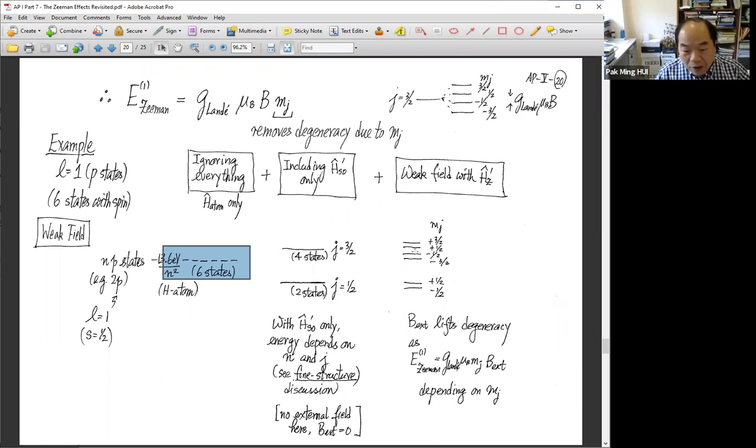But just to make the point, the 6 states now really have their degeneracy removed, and fall into 2 classes according to the J value, and the mJ degeneracy is removed. So that is the conclusion.